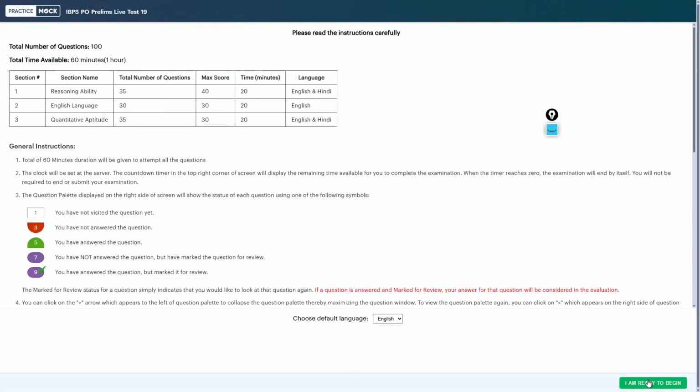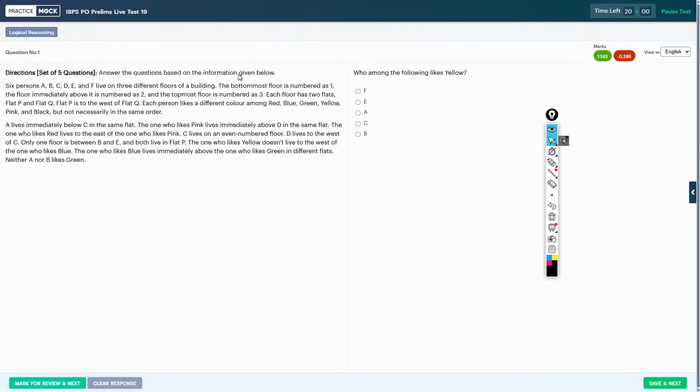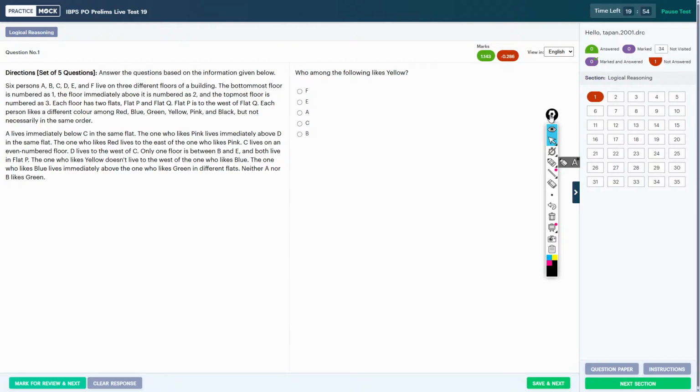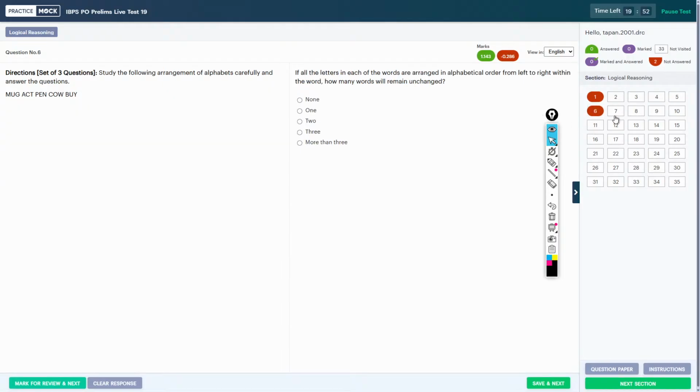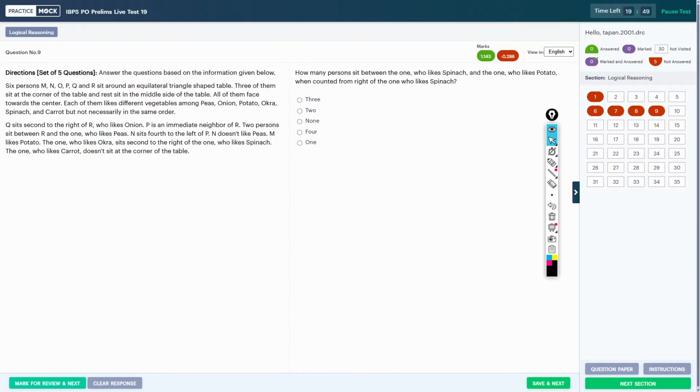Okay, so first is reasoning. Working pen. 6 flats, okay, different colors. Doable. Different. Okay, okay. 6 triangle, better, doable.